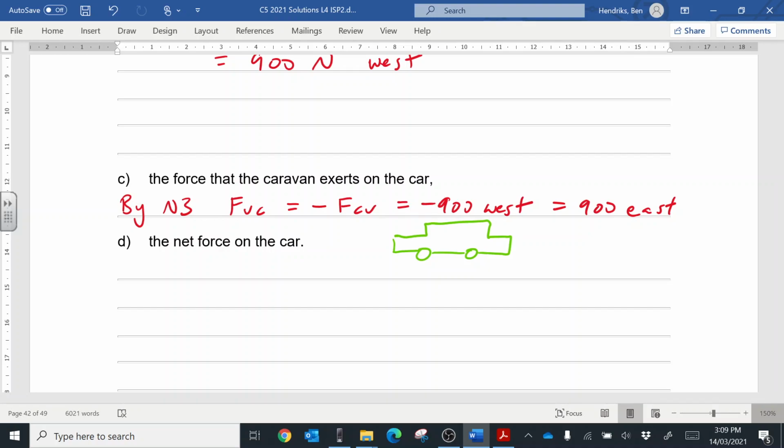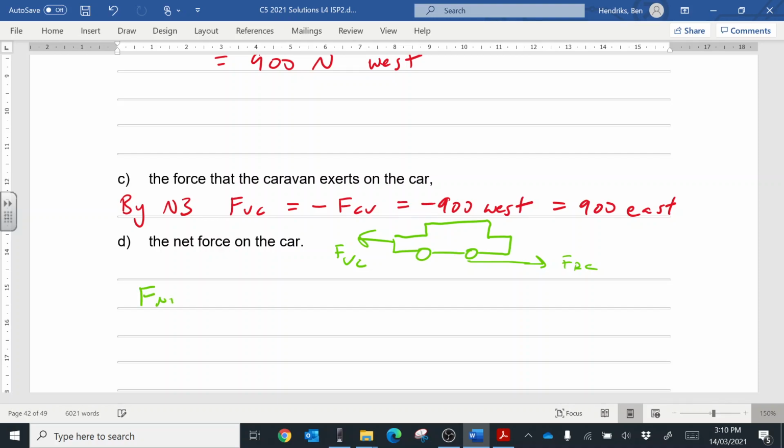So we had the force of the road acting on the car, and then we also have the force of the van acting on the car. So we have the road propelling the car forward, and then the force of the caravan resisting that motion.